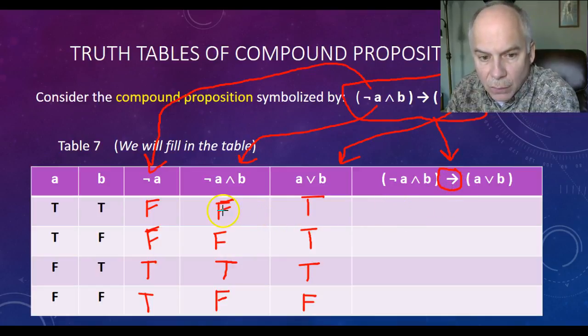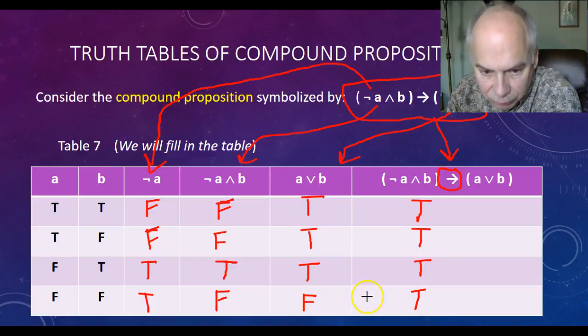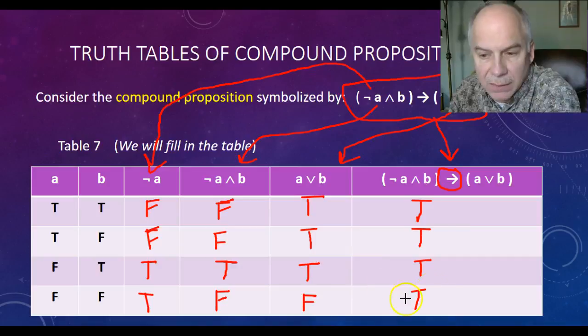Now, when the first thing is false, then the implication is still true. So in the first two rows, since the first thing is false, that's going to be true. And the third row has both true, so that's going to be true. And the last row has both false, so that's going to be true. So in that case, it looks like this statement is always true.